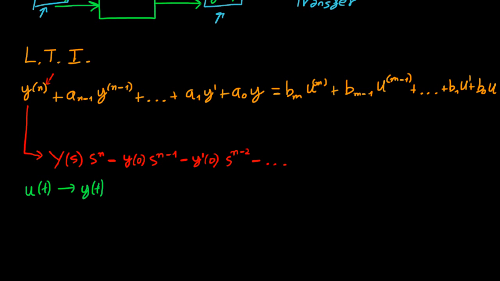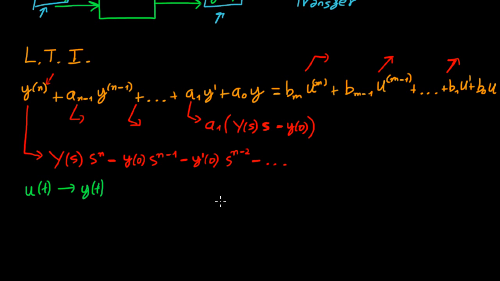Well, this is a long term, but for example, in the first derivative, we would get a1 times, again, Y of s times s, just one s because there's only one differentiation, minus the initial condition of the output. And we could do the same with all the rest of the terms in the input and also in the output.